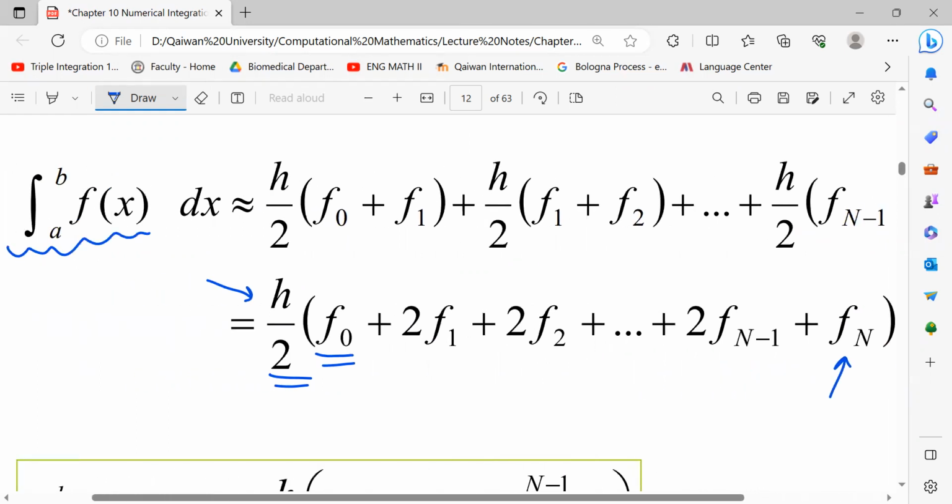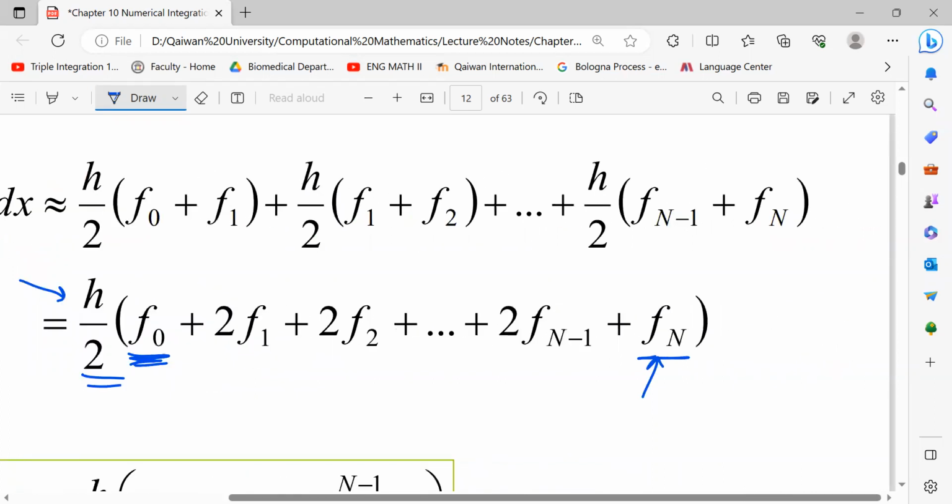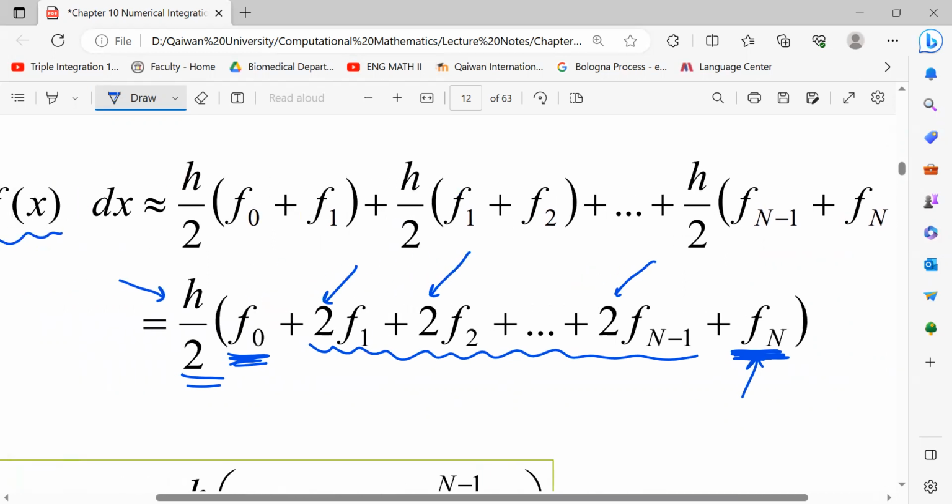We have no coefficients for these first and last terms. For all the others, we have 2. It's h over 2, first and last, then plus 2 times all the others.